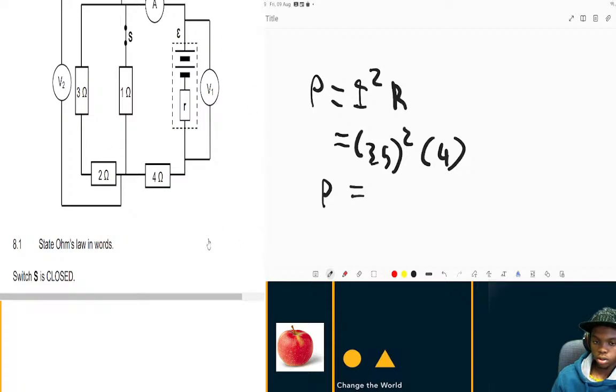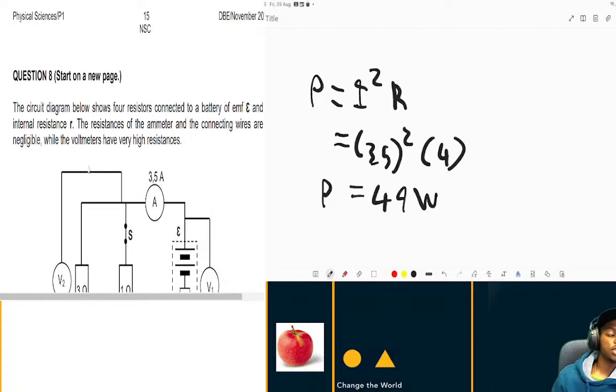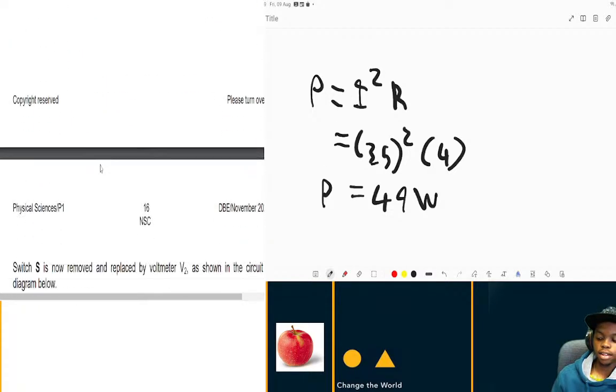So that will be 3,5 squared. Oh no, not plus, multiply by 4. We'll get 49 watts. So that's our power before everything changed, before they decided to change their things.